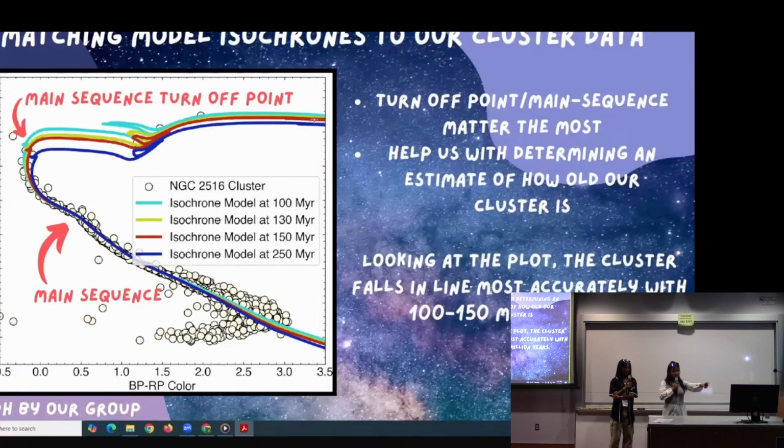As you can see, the main sequence turnoff point goes down by a few decades. Well, actually not decades, sorry, a few million years, because that's how long it takes for them to get their hydrogen fuel out of their system.